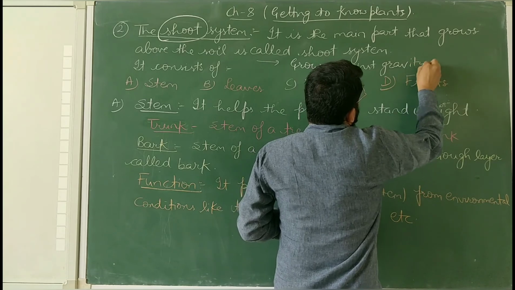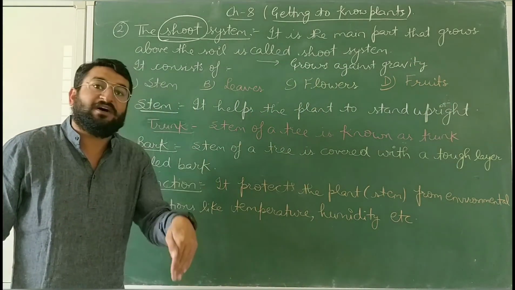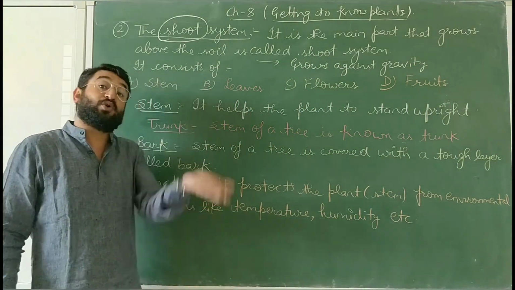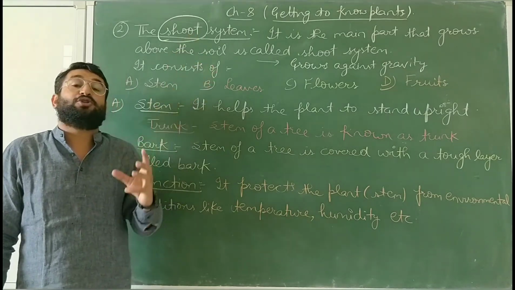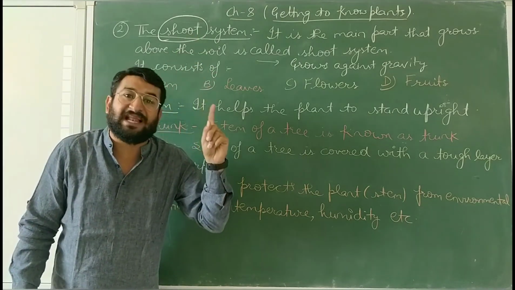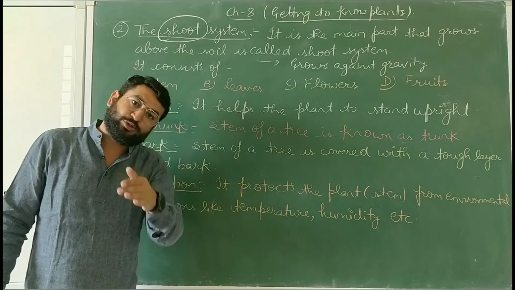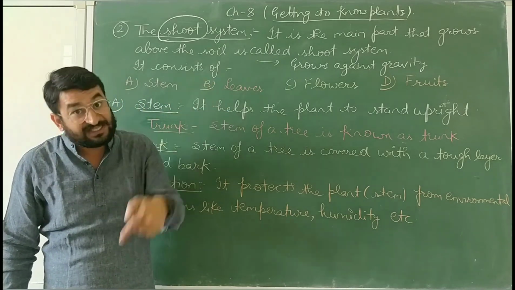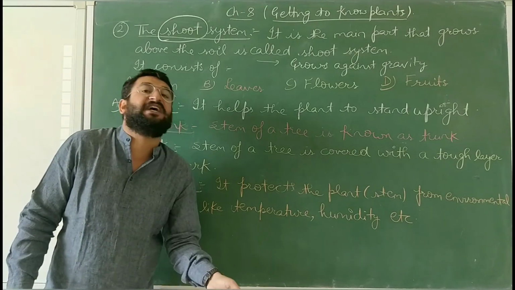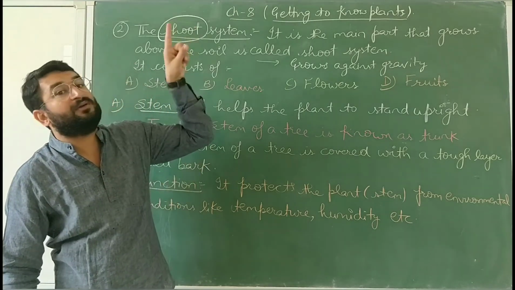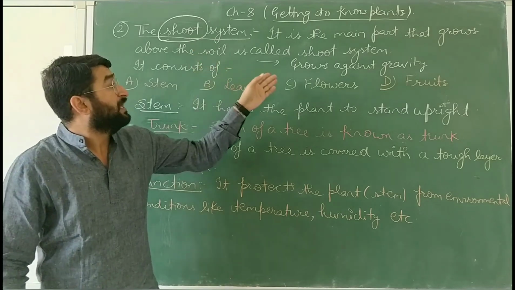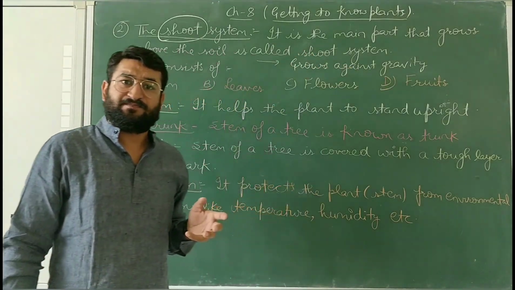As the gravity is towards the center of the earth, the shoots are growing against it. So the shoots grow against gravity, towards sunlight, whereas roots grow towards gravity. Roots gravity की तरफ जाते हैं और shoot gravity से opposite. So that's what the shoot system is.